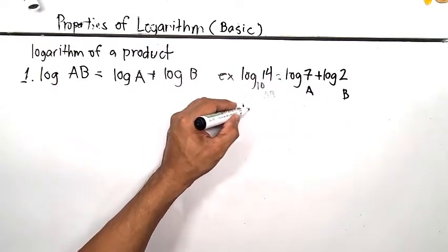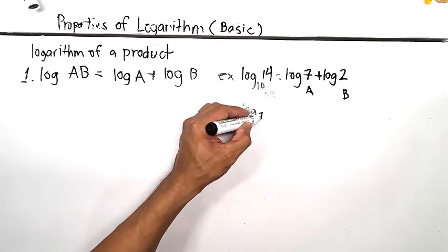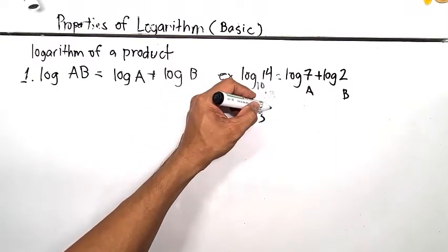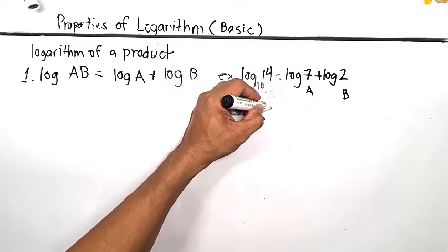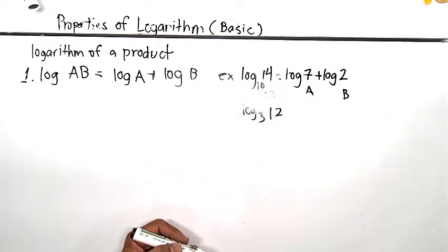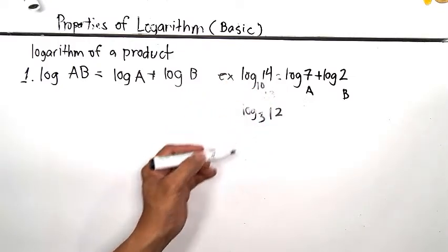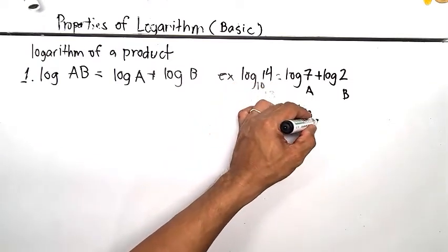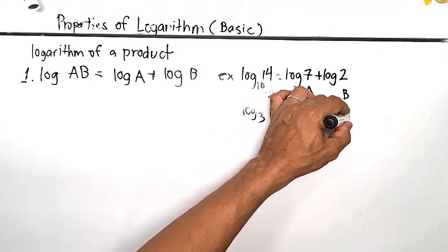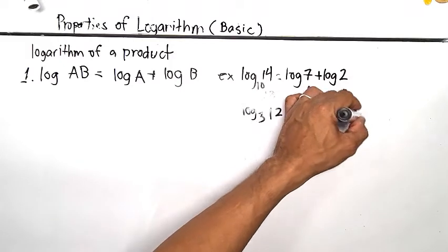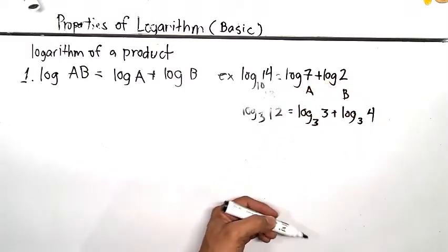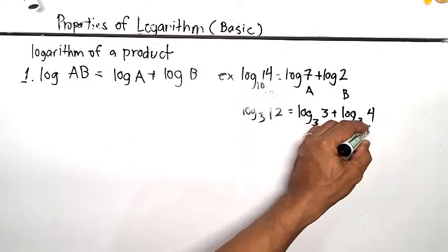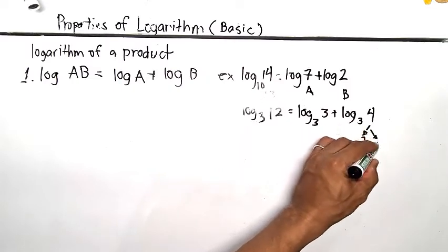Another example could be, let's say, logarithm to the base 3 of 12. That is equal to log to the base 3 of 3 plus log to the base 3 of 4. But notice something about 4: we can still rewrite it as 2 times 2.